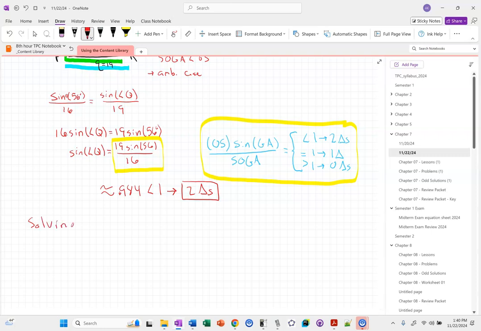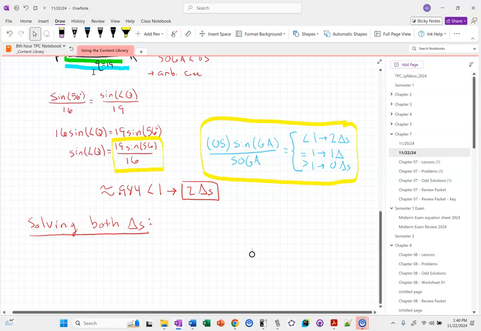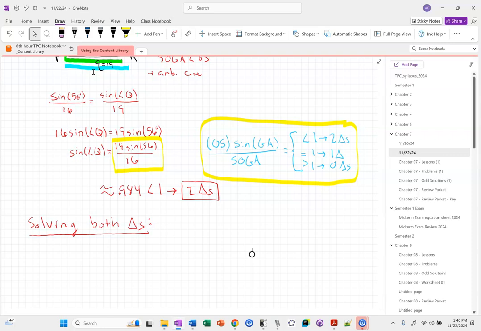So I'm going to continue this problem now and show you guys how we solve for the 2 triangles. My process for doing this is basically the same as what we did before to solve the triangles.